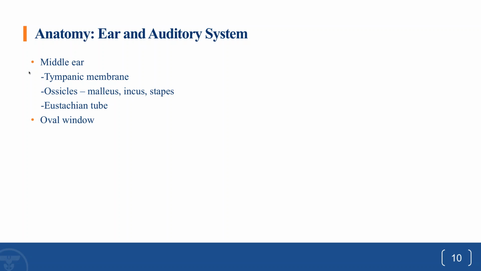On the slide, it states tympanic membrane, the ossicles, malleus, incus, and stapes. Those are the little bones in the ear, and also the eustachian tube. Make sure you have those jotted down, what's involved or the components of the middle ear.